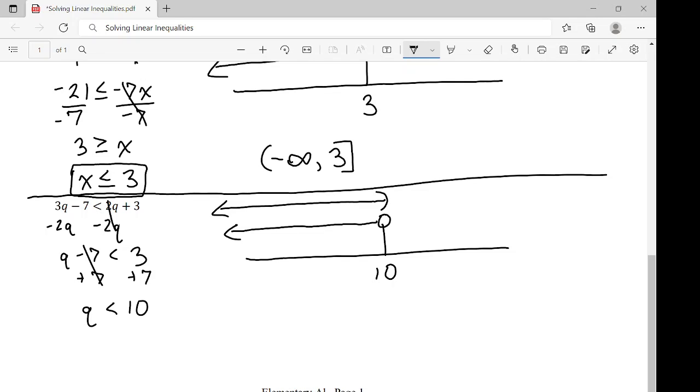Since it's going left, I know that my starting point all the way over there is negative infinity, and it goes all the way up to 10. Infinity always gets a parentheses, and because this has a parentheses as well, so does my interval notation for 10. And so this is inequality notation, graphical representation, and interval notation for this question.